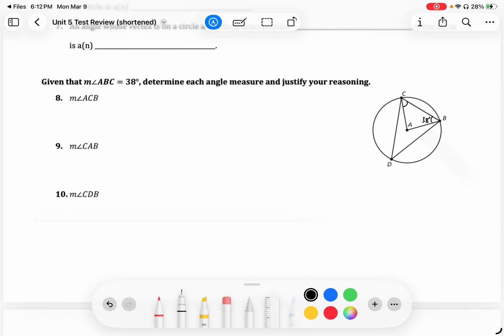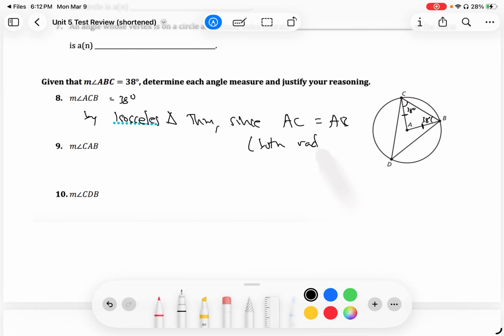So what I know is that this is a radius AB, and this is a radius AC. So by the isosceles triangle theorem, this is also 38 degrees, since AC is equal to AB, both radii of the circle.